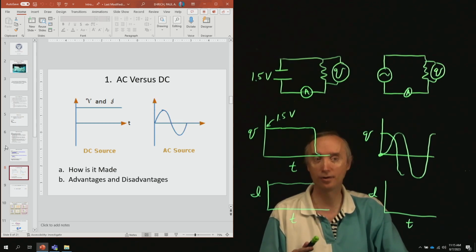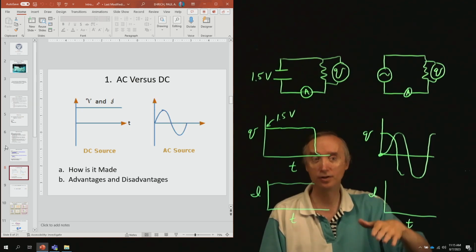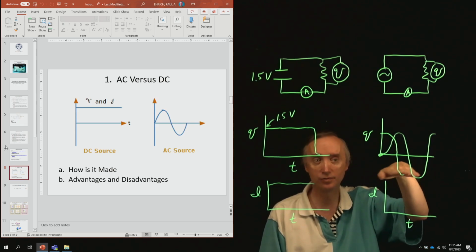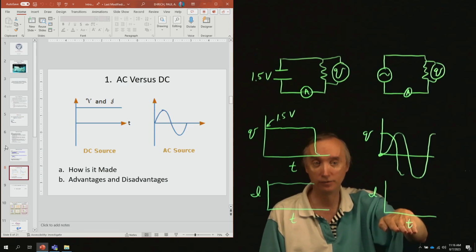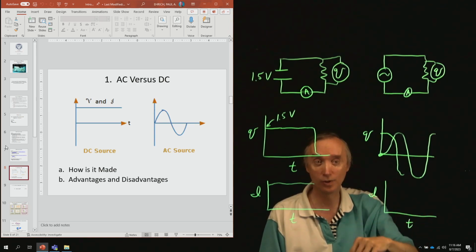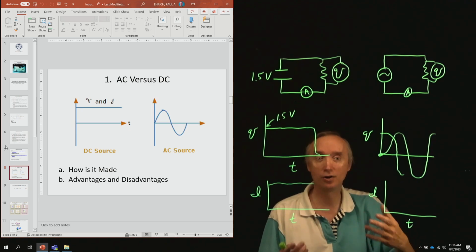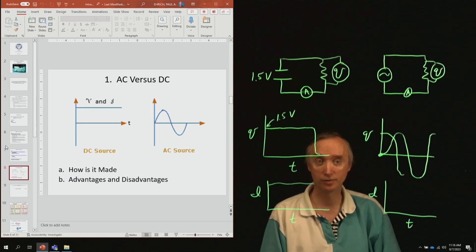Now what about the advantage of AC? Well, later we're going to find that you can change the voltage of AC electricity by using a transformer, so that you can have something at 10,000 volts, and then you run it through a transformer, and that can lower the voltage to 220, which then can go into your house.